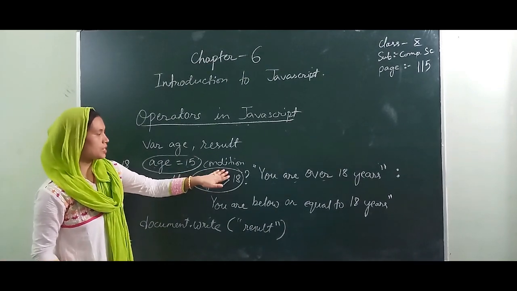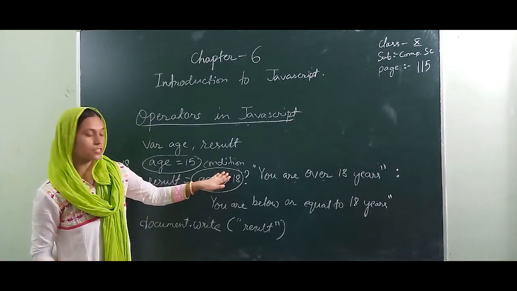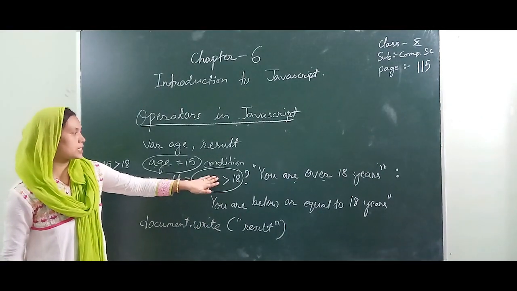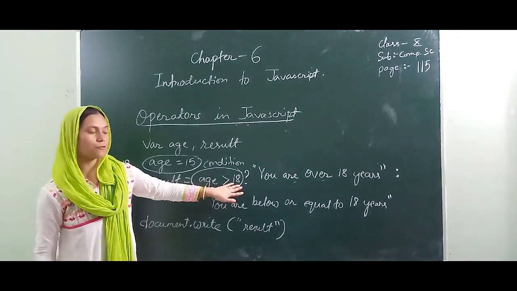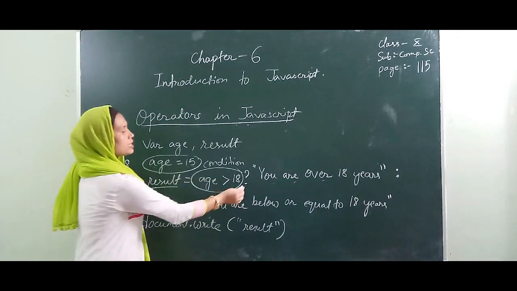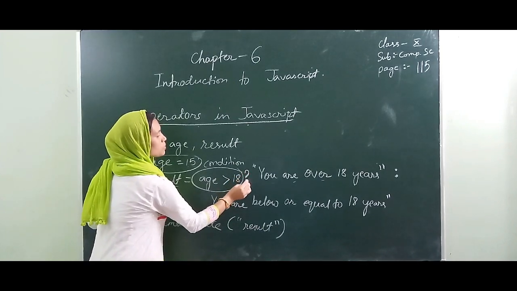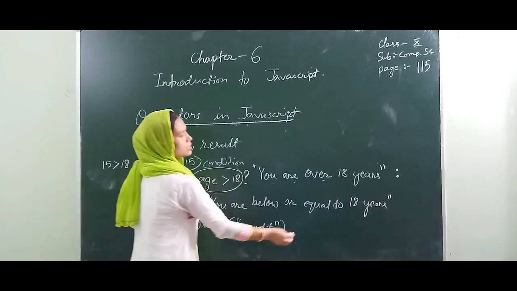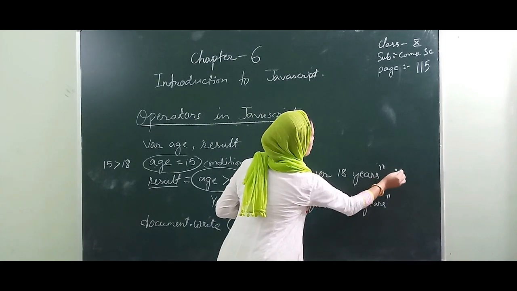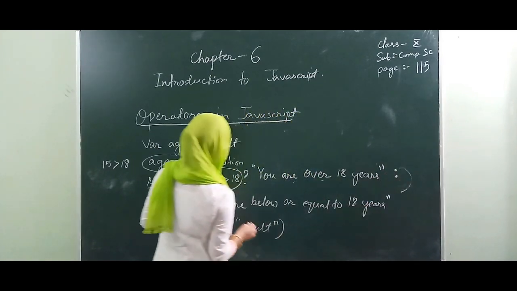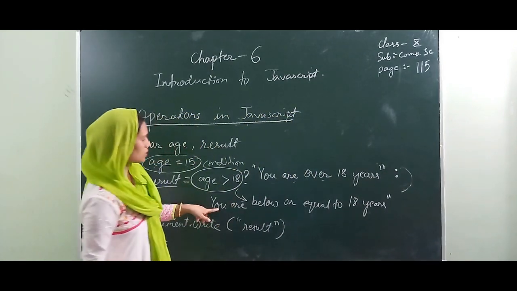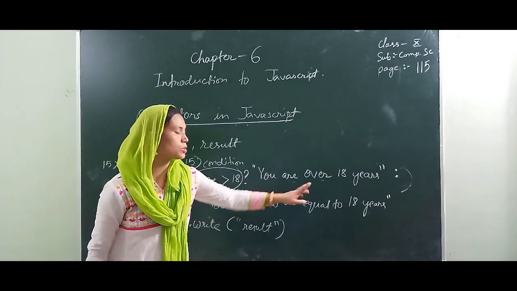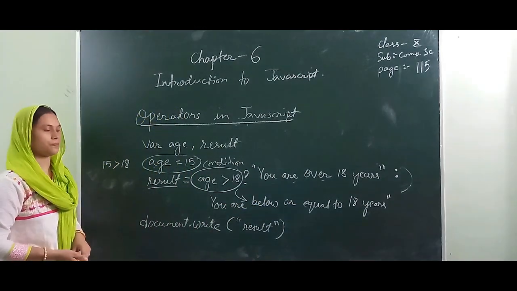Now here the condition is not satisfied. That is, 15 greater than 18 is false. So the result is not going to be after the question mark. Instead it will be after the colon, and the result will be the next one. That is, you are below or equal to 18 years.